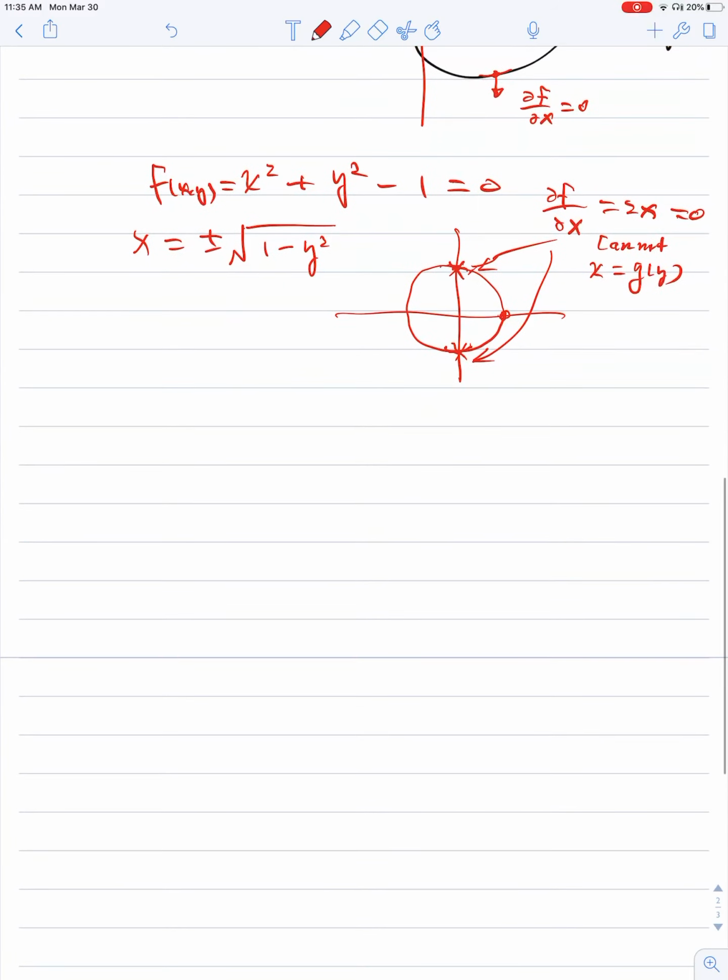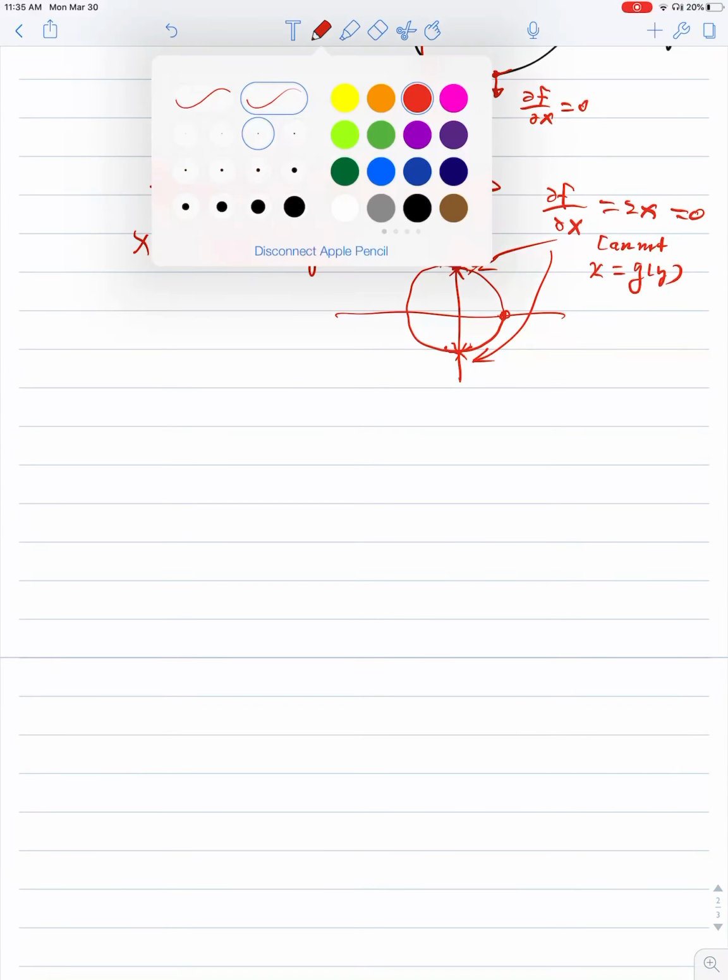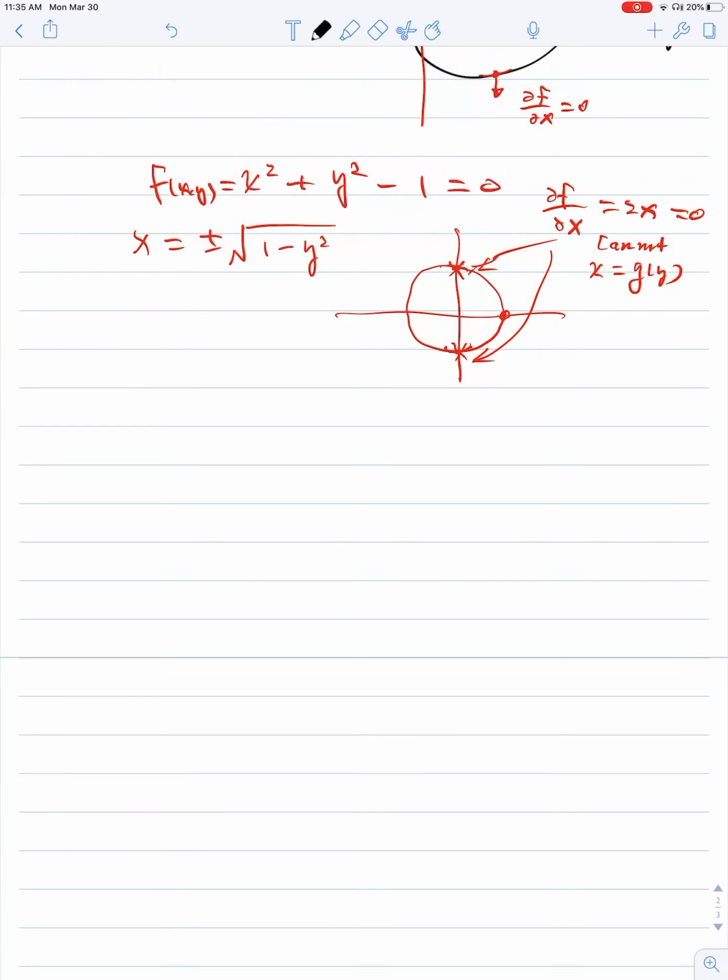Okay, so we are now going to prove it. The idea of the proof is to reduce it to the inverse function theorem.